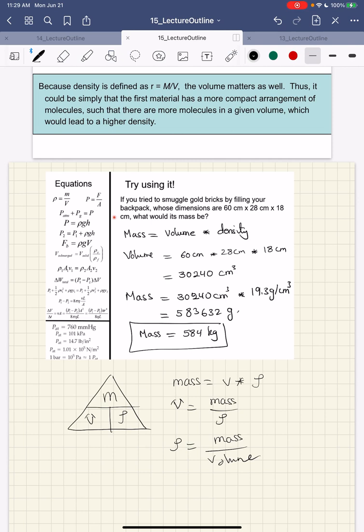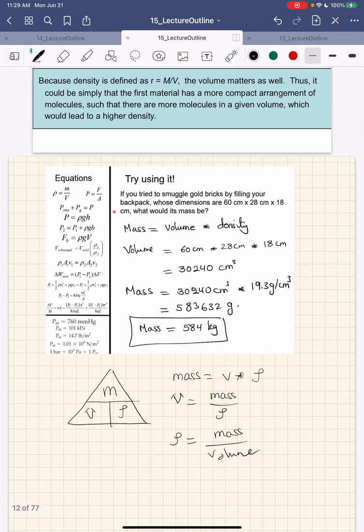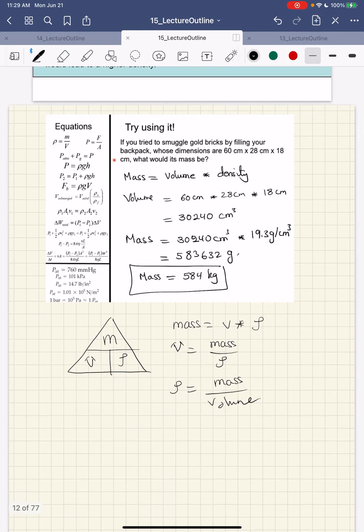Or initially, you can find the volume in cubic meters and then multiply by the density in kilograms per cubic meter. Also, here I want to add that when we have an area and we want to convert from centimeters squared to meters squared, you multiply by 10 to the minus 4.